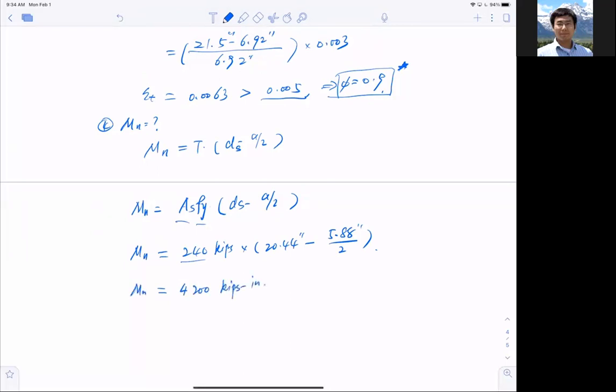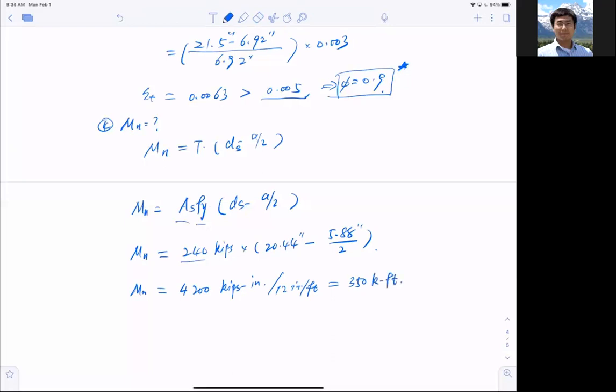Okay, and in case you forgot, I want to convert everything to foot, right? So divide by 12 inch per foot, and I have this to be 350 kip-foot. Oh, sorry, my write-up today is a little bit hasty. Kip-foot. Okay. All right.